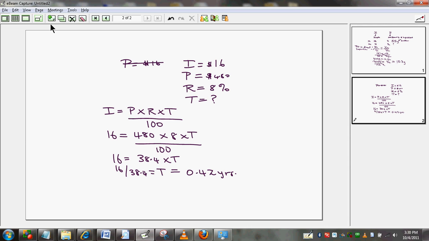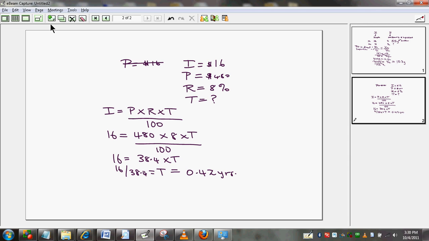Remember, this answer is in years, and I rounded it off to the second decimal place. But really, it was 0.41666 recurring. So if you take 16 divided by 38.4 and multiply by 12 to get it in months, you get exactly 5 months.